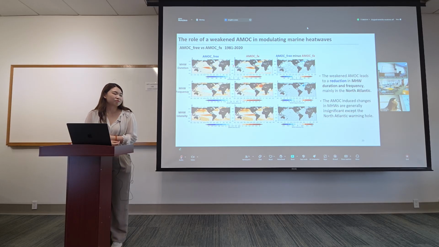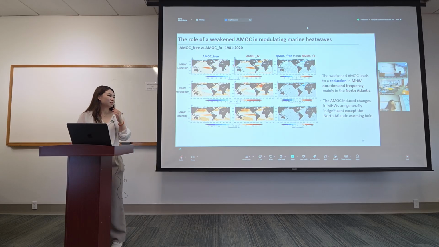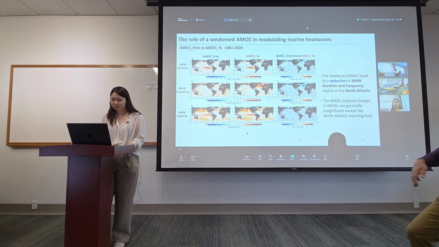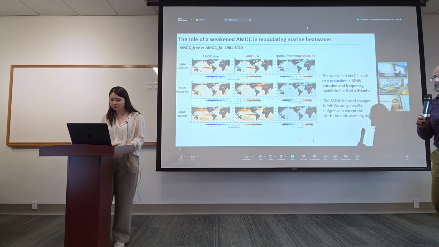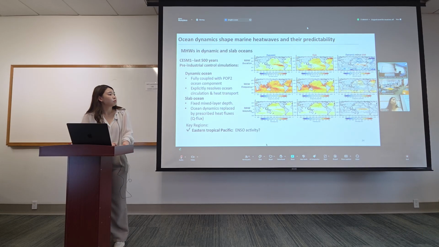Can I ask you a question about the same part of the study, when you compare the dynamics and slab ocean? The dynamical model does not include mesoscale, of course, right? The resolution is, I'm assuming, low, right?